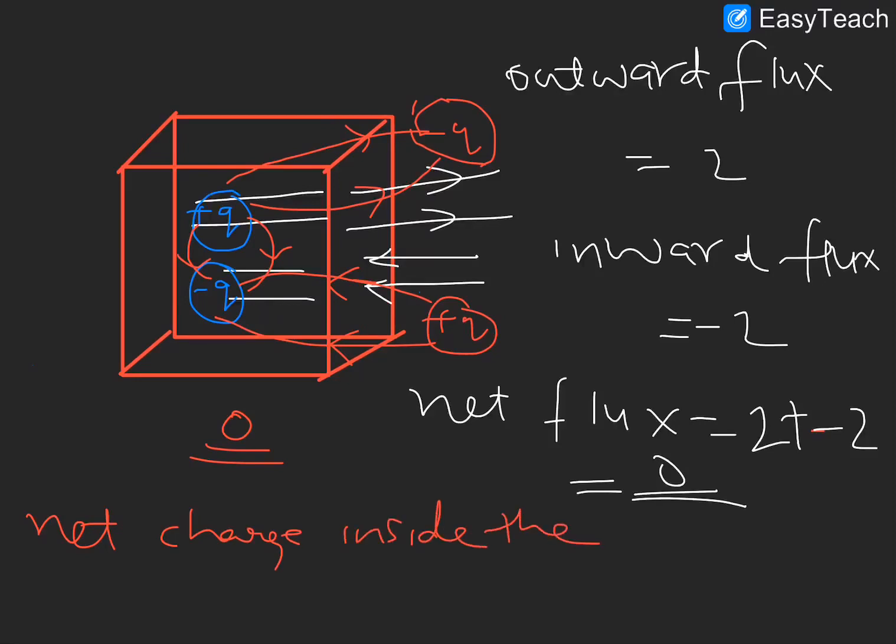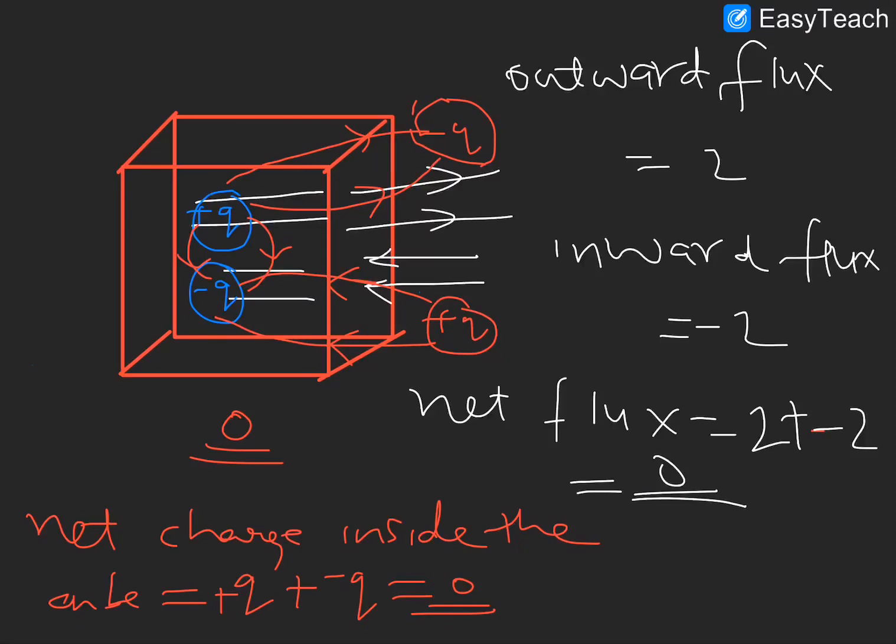Okay, so here you can see the situation: what is the net charge inside the cube? That is equal to plus q plus minus q, that is 0, isn't it? So when the net charge inside the surface is 0, then net flux can be 0.